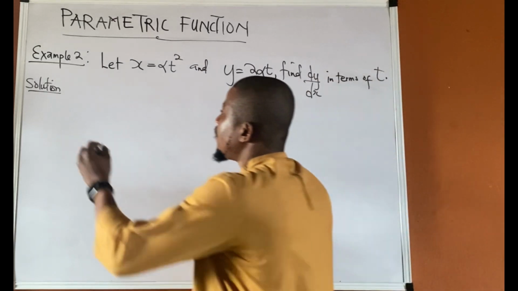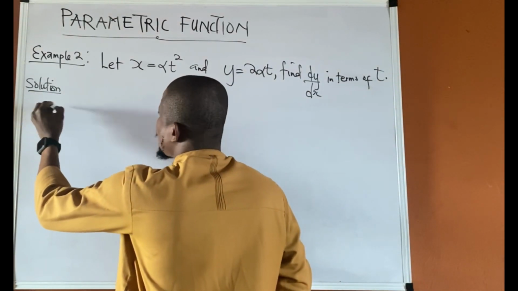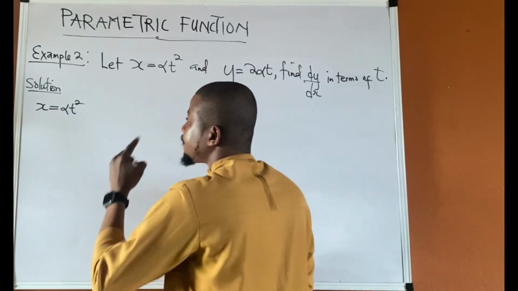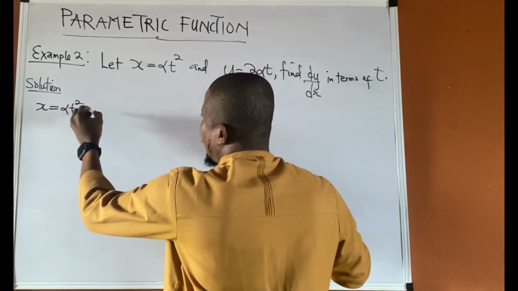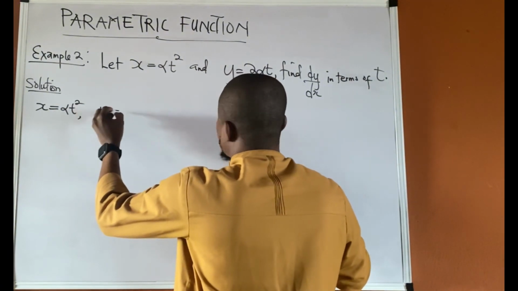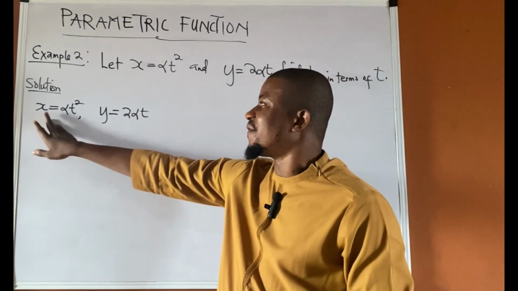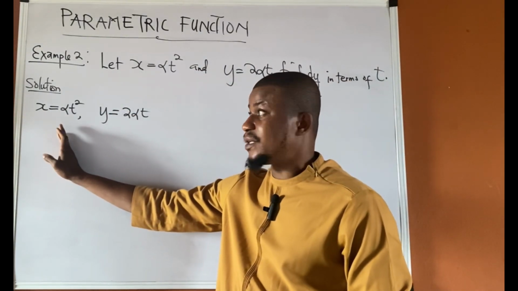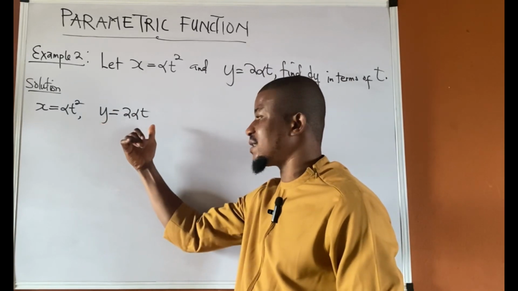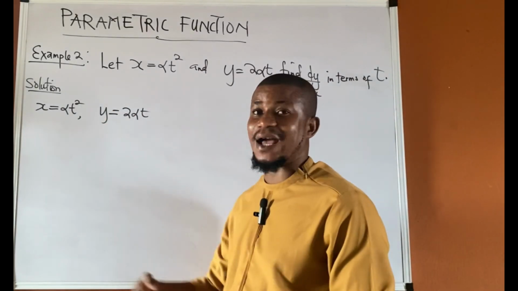So let's go. We have x equal to alpha t squared, and we have y equal to 2 alpha t. The first thing is to find dx/dt, and then next we find dy/dt, and after that we now find dy/dx.